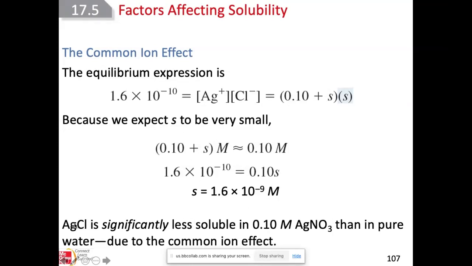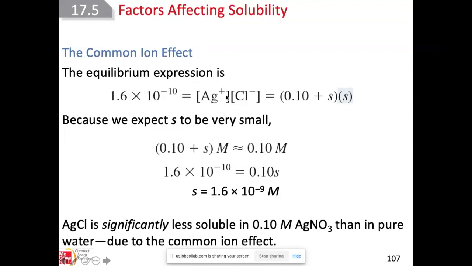So now AgCl has a very small concentration of ions. That means it will be significantly less soluble in AgNO3 than in pure water, due to the fact that AgCl and AgNO3 have the same ion, Ag+. We call it the common ion effect.